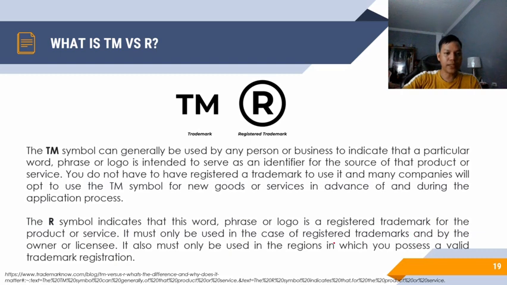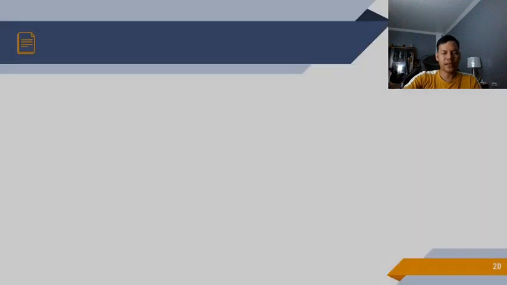It must only be used in the case of a registered trademark and by the owner or licensee. It also must only be used in the regions in which you possess a valid trademark registration. So that's the difference between trademark and the registered mark.